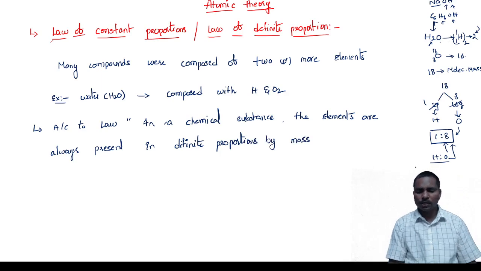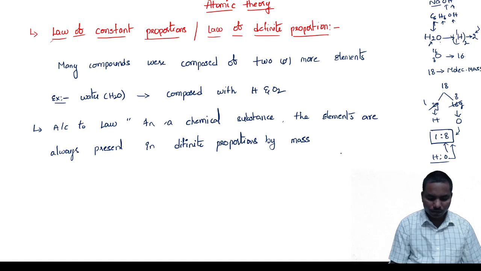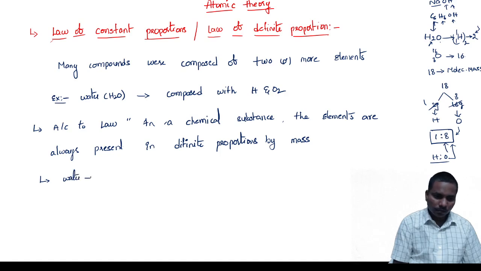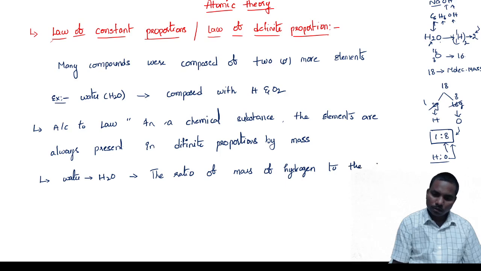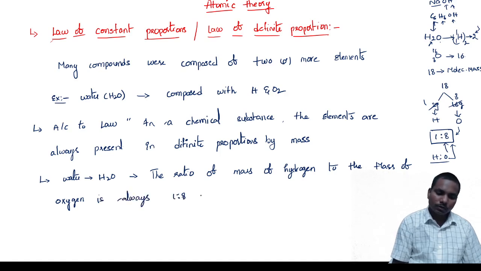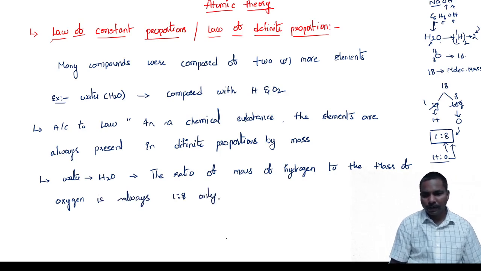Just now we discussed that the ratio is always 1:8. In the case of water, the ratio of the mass of hydrogen to the mass of oxygen is always 1:8 only.